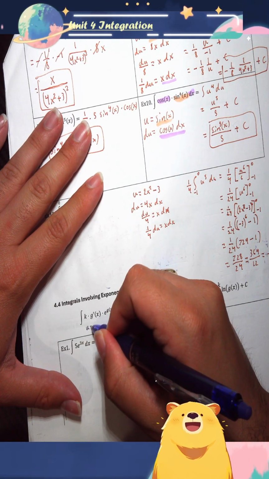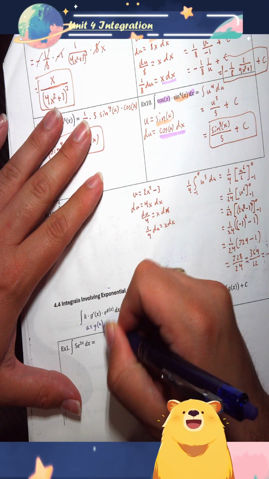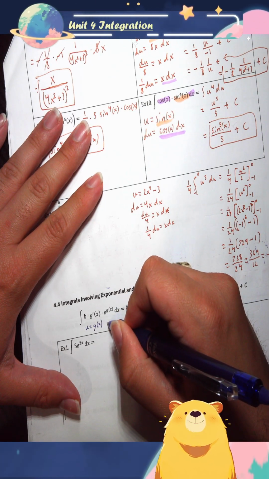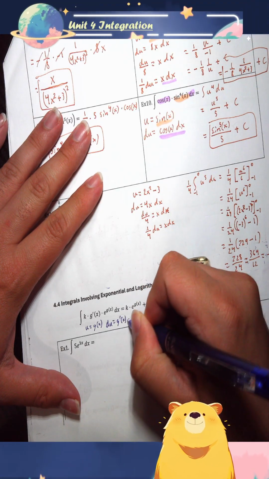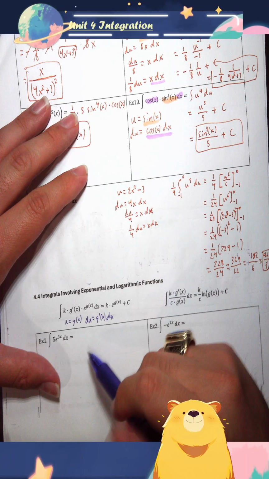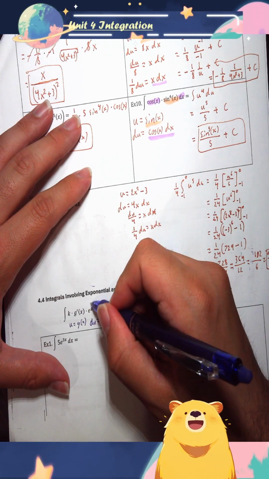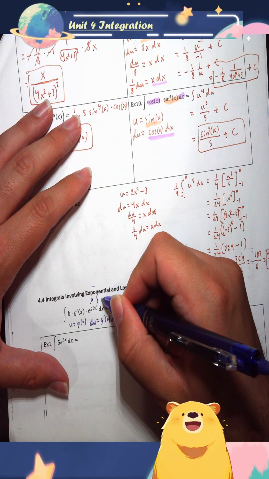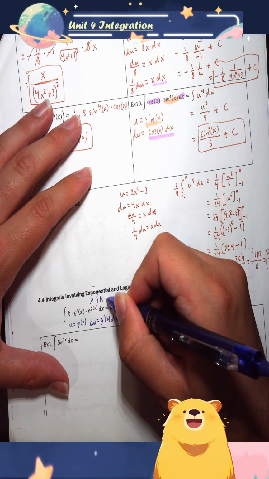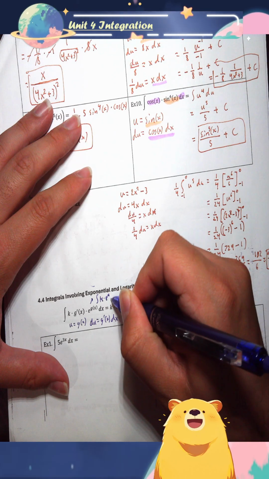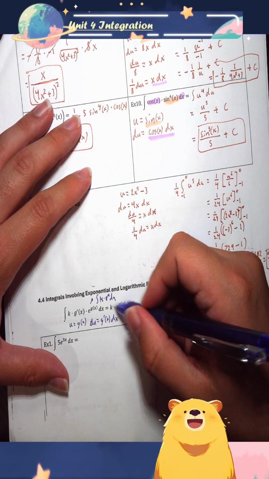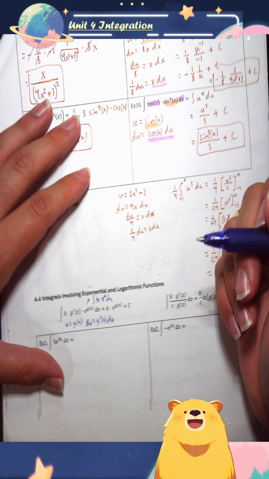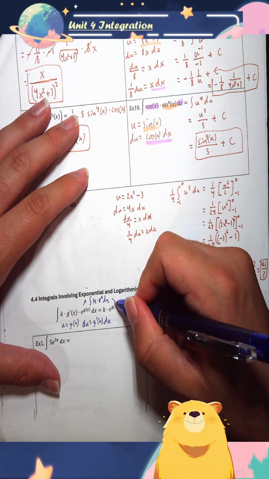Well, we can set u to be g(x), and then du to be g prime of x dx. And that would turn this into an integral of k times e^u du. And that would result in k e to the power u, and then you plug back in u.